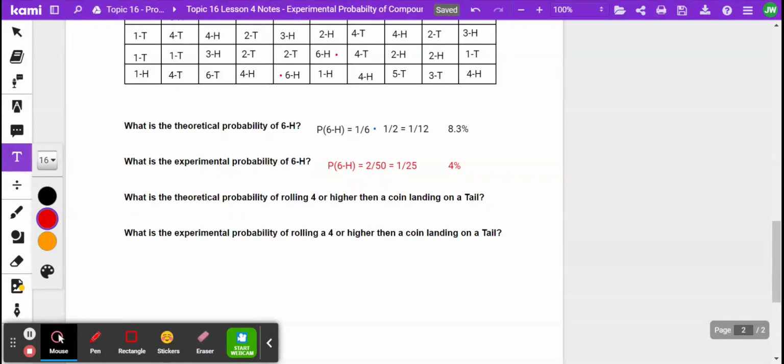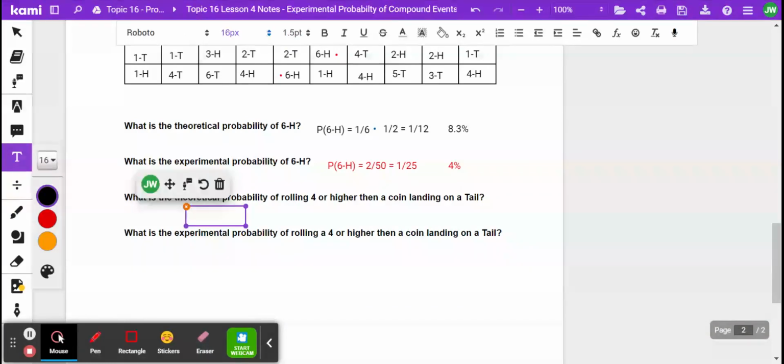Now, theoretical probability of getting a 4 or higher, so greater than or equal to 4, and then a tail. So 4, 5, and 6 is the probability of that, which is 1/2.